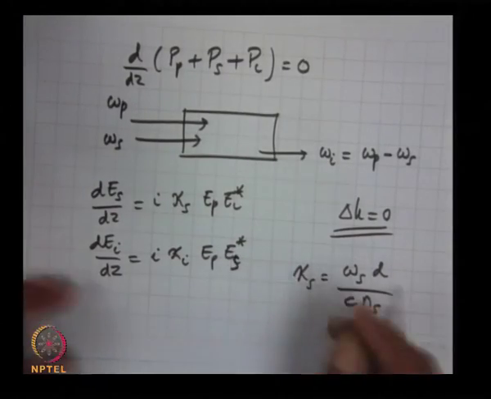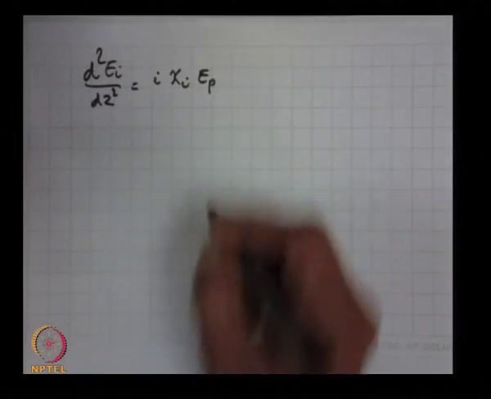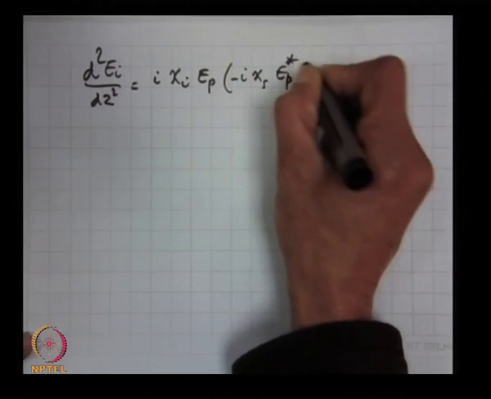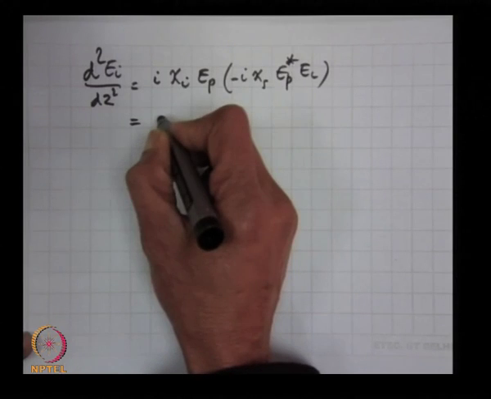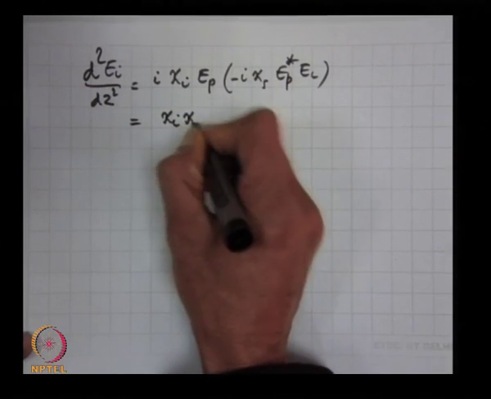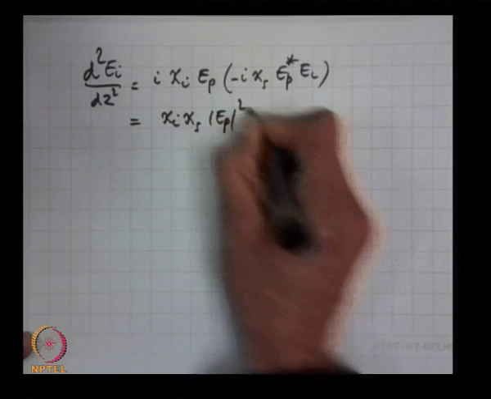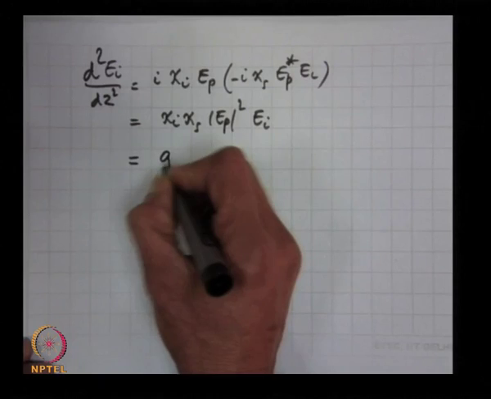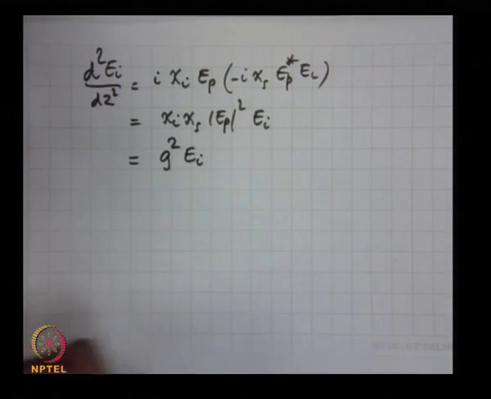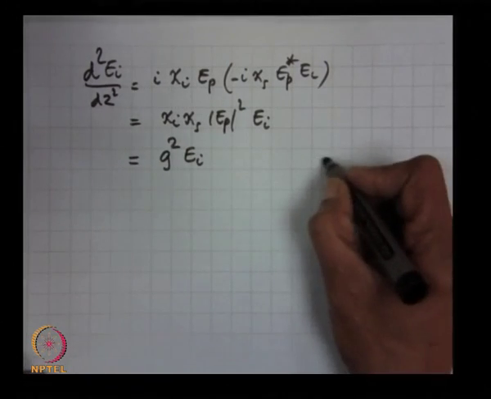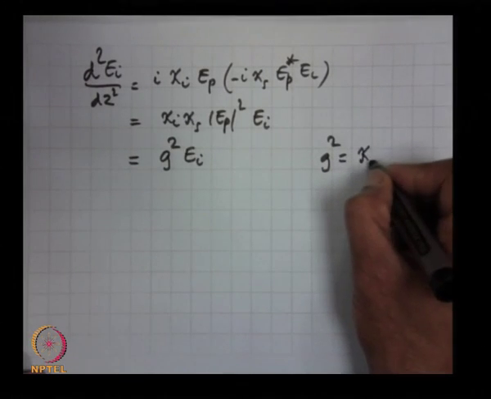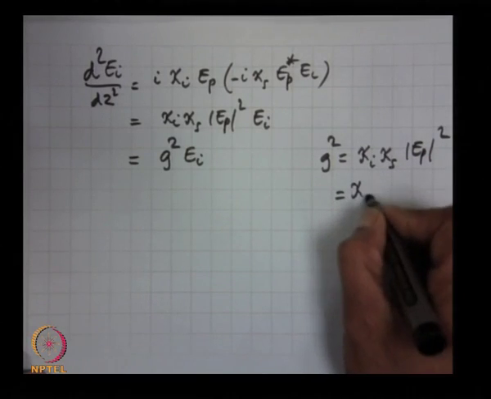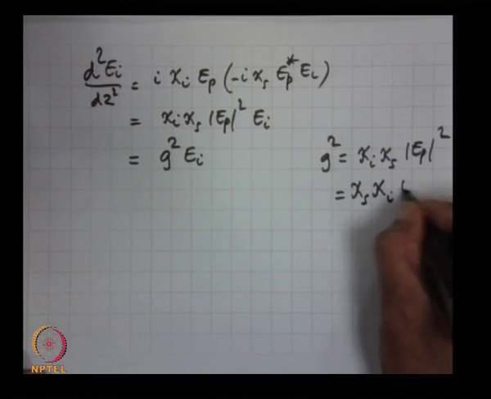This is ES star. So d ES star by dz is minus i kappa S EP star EI. So this gives me kappa I kappa S mod EP square EI, which I called G square. So G square is kappa I kappa S mod EP square, which is actually kappa S kappa I EP0 square.